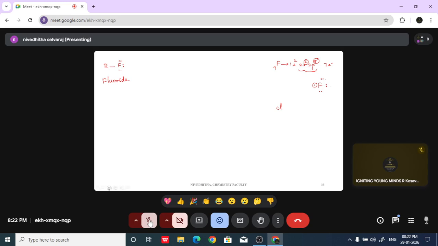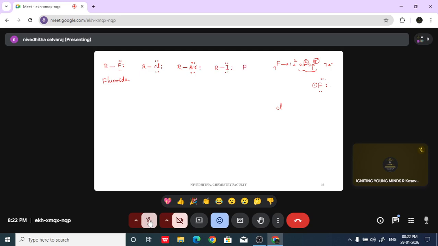So similar to fluorine, chlorine also will have an equal number of electrons in its valence shell. So this is the structure. So this is fluoride, this is chloride, this is another functional group. Next is bromide. Next is iodide.